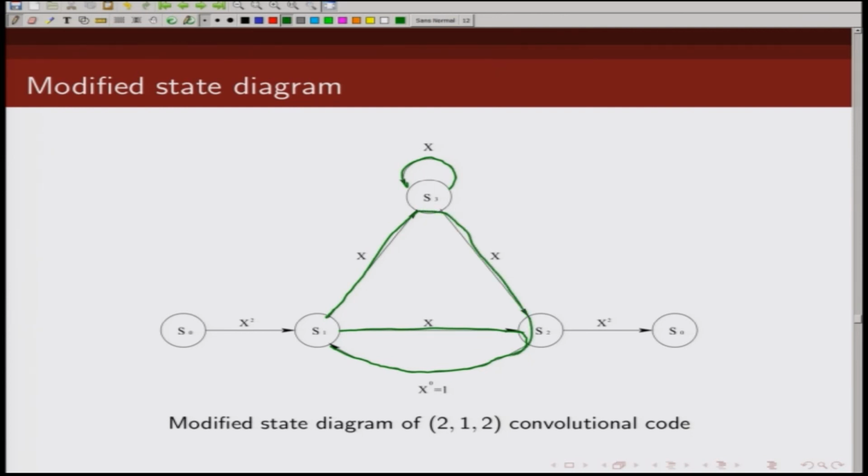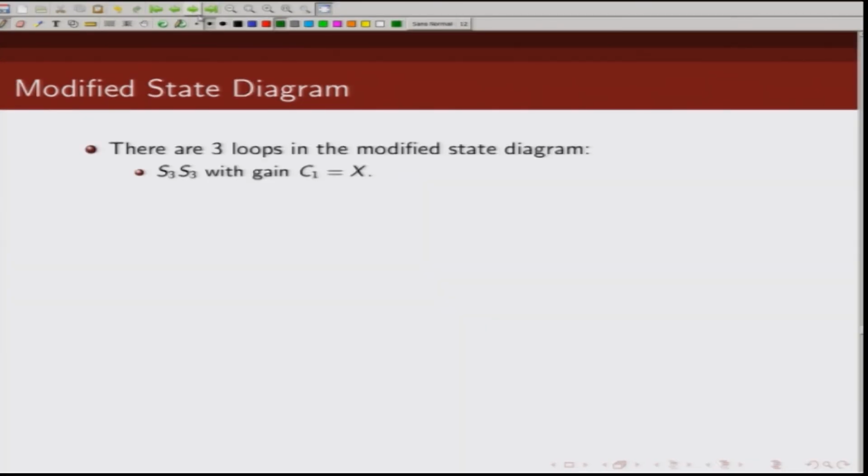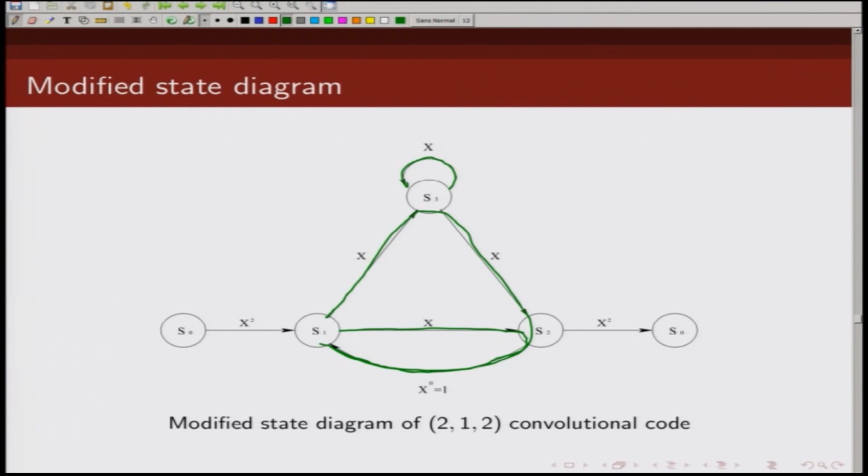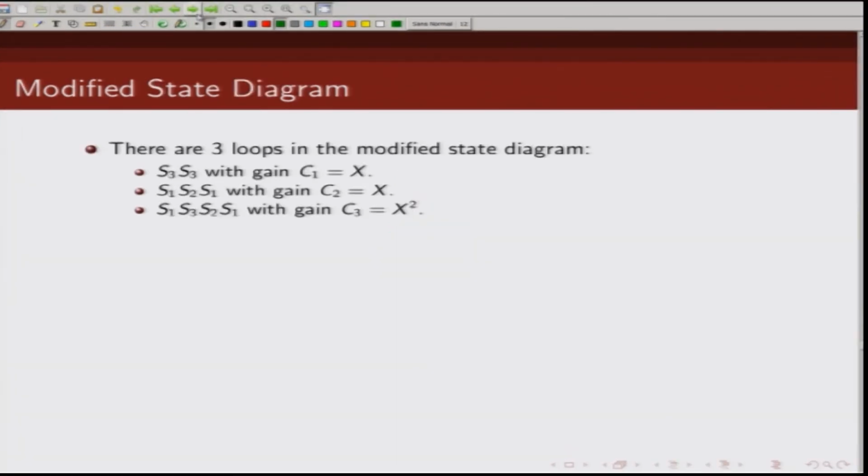So, there are 3 loops here, and that is what I am denoting it by S3 whose gain is x. Next one is S1, S2, S1. S1, S2, S1 is this one, okay, and the third loop is given by this. So, these are the 3 loops, and corresponding to these 3 loops, these are the gains.